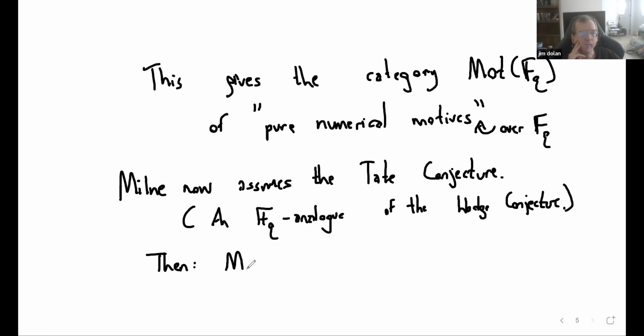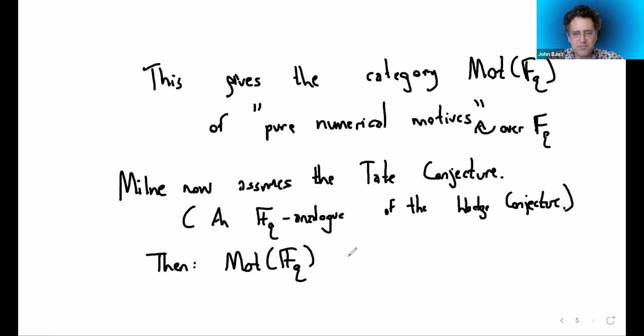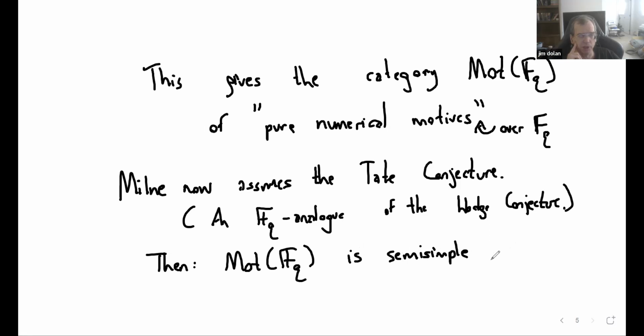So Mot(F_q) is semi-simple is one of the things that he gets, and also a somewhat explicit classification of the simple objects. He gets a very explicit classification of the simple objects, and also what happens when you tensor two simple objects, how it breaks up into blocks. It's all very beautiful.